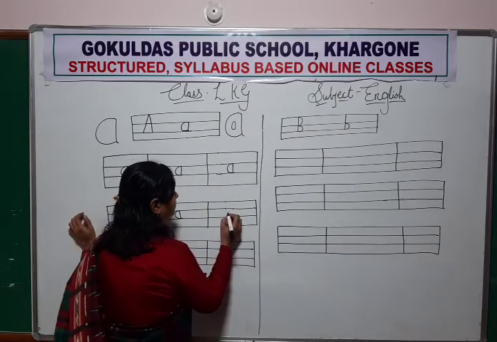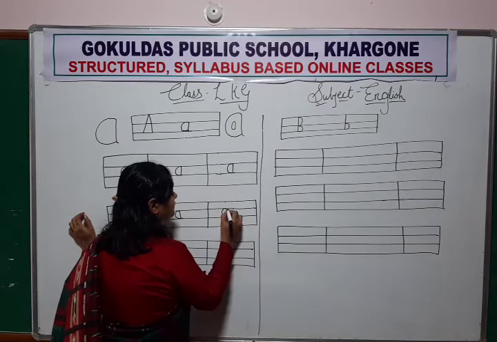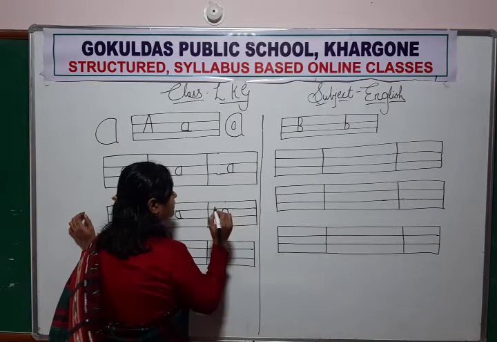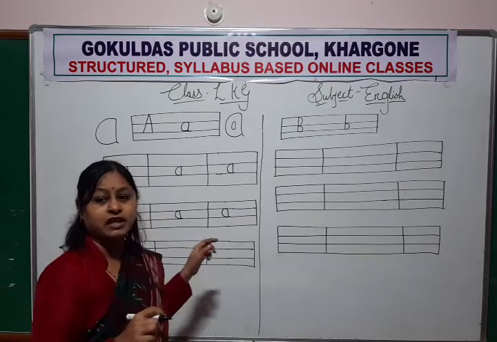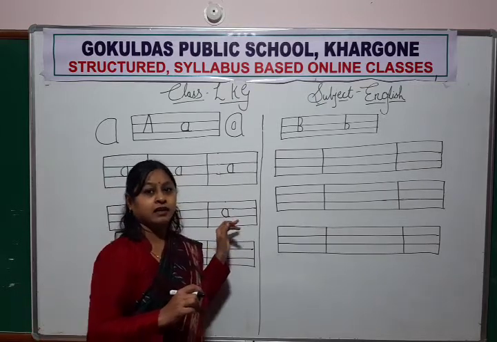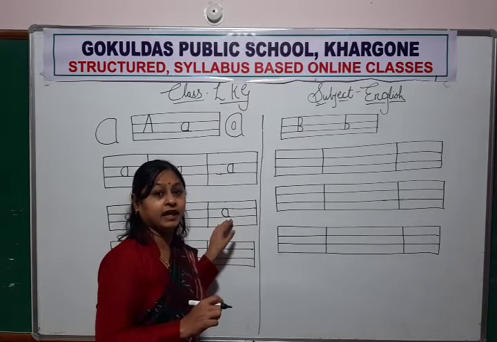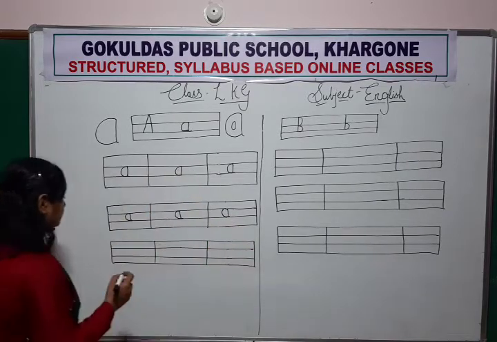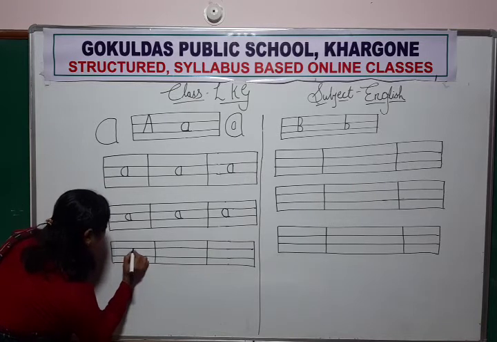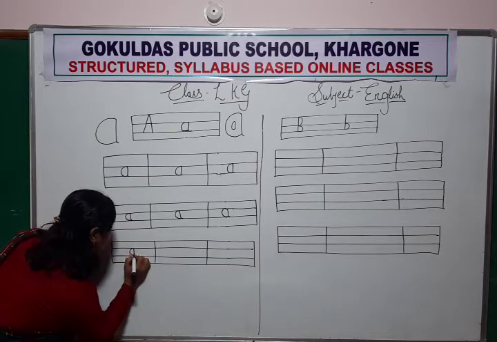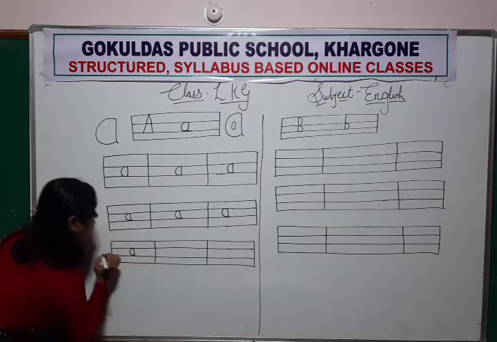Again, look here. Half circle, standing line, and tail. So which letter is this? A. And sound of letter A is A. This is baby A. Okay. Again, half circle, standing line, and then small tail.